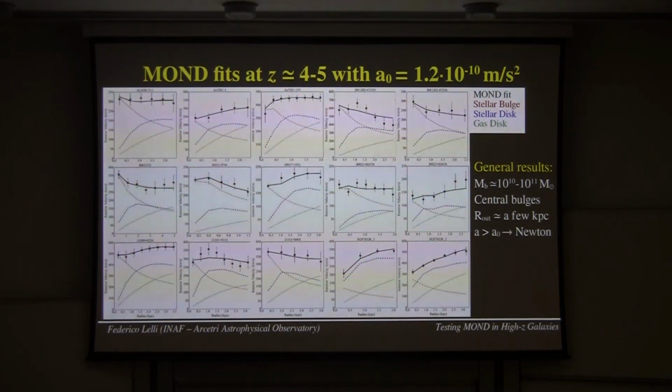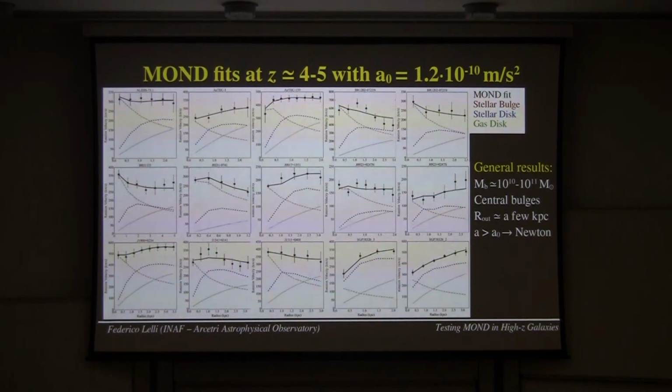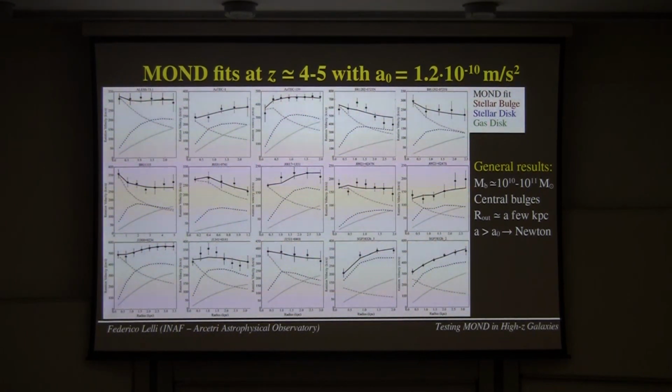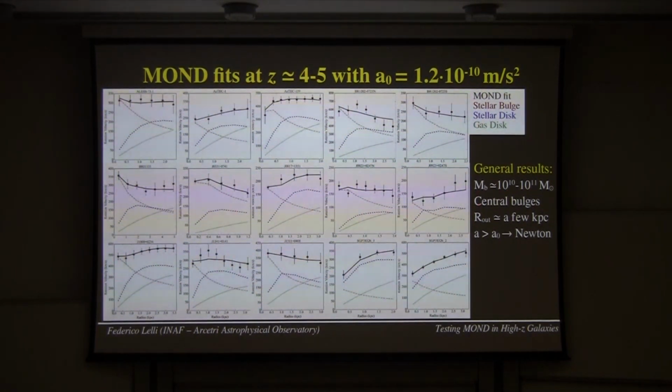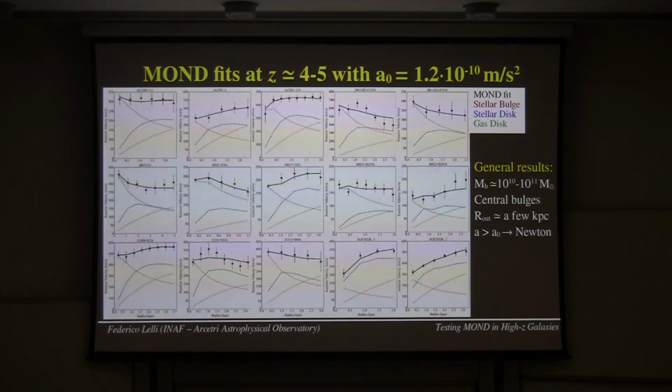So these are now MOND fits at redshift 4 to 5, keeping a0 fixed. And what you can see is that essentially you can fit the rotation curves very well. We get baryonic masses between 10^10 and 10^11 solar masses, which is what we expected from the luminosities of these objects. In most cases, we really need the central bulge.